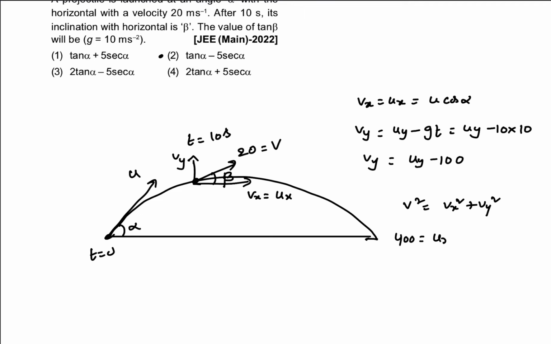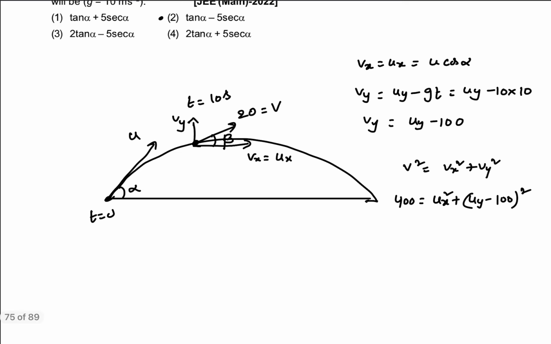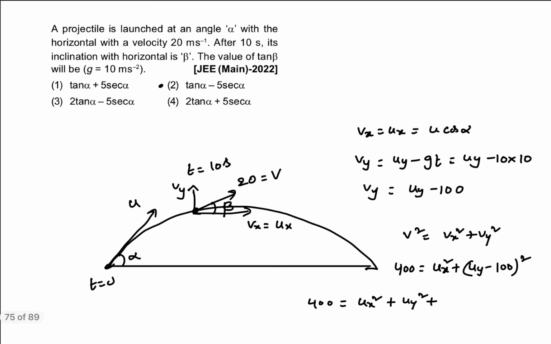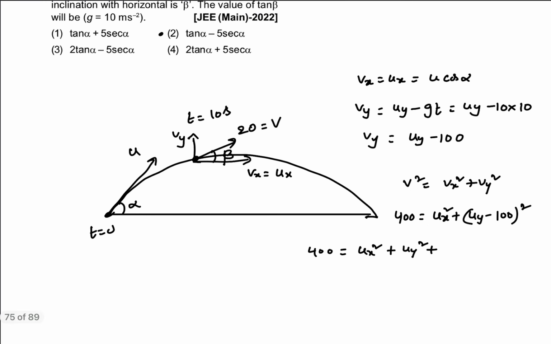V square is nothing but 400. Vx square is Ux square. Vy value is Uy minus 100 whole square. I am writing 400 is equal to Ux square plus Uy square plus whatever 100 term is there, Gt. Okay, 100 whole square term is there.